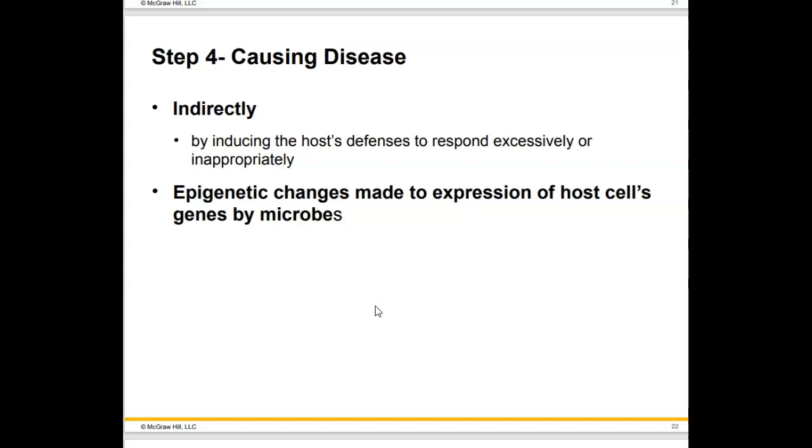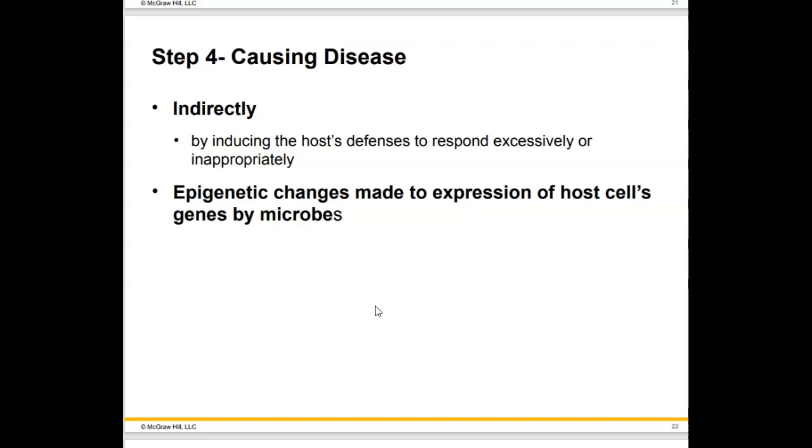There can also be epigenetic changes. Epigenetic refers to controlling the expression of certain genes, and this can happen when these microbes affect how the genes are going to be expressed, either by using an interference RNA or by attaching chemicals to certain histones, which are found on the DNA molecules that help to regulate genes. These epigenetic changes can be passed on to other cells after cell divisions.